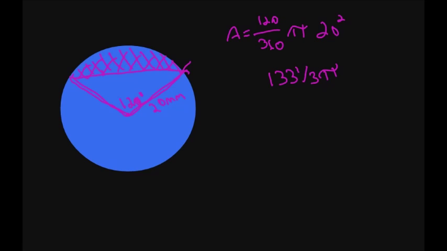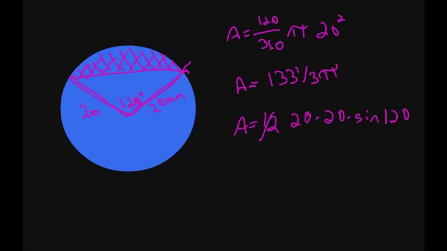So that's 400 times 120 over 360, which equals 133 and 1/3. Now we need to find the area of that triangle, because that's the whole sector. So we know that's 20 and 20, so we can use the triangle formula. Area equals 1/2 times our two sides, which are 20 and 20, times the sine of 120.